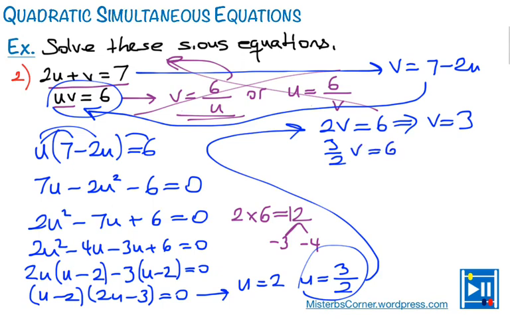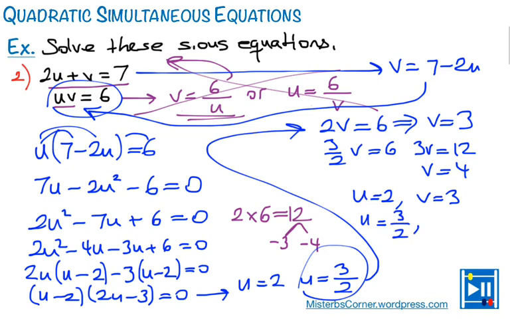From here I can say that's going to be 3v equals 12 and v equals 4. Now comes the pairing. For u equals 2, v equals 3, and for u equals 3 over 2, v equals 4. So this is how I solve these simultaneous equations.